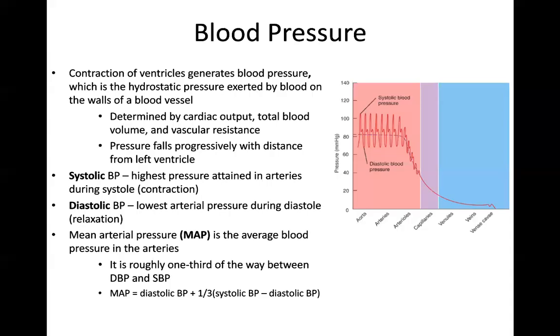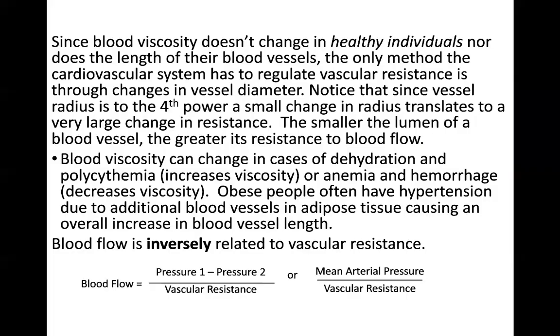Now, if I go back to this page, we said blood flow is inversely related to vascular resistance. I didn't really mention the top of the calculation, pressure 1 minus pressure 2, or it can be written as mean arterial pressure. In math class, I'm not asking you to do it, but if you calculate a mean, what are you calculating?